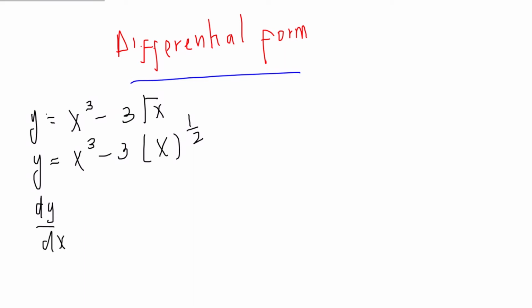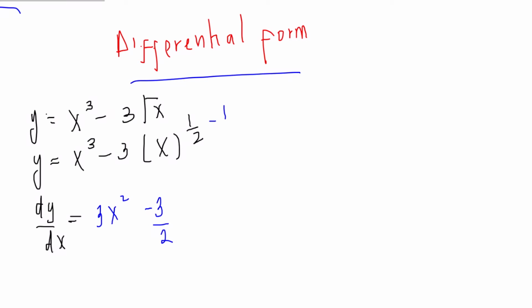dx. Okay, now to differentiate this, to differentiate x cubed is going to be 3x squared, right? And this one is going to be just, let's take the minus 3. We are going to bring this half and then we multiply it with 3, so it's going to be minus 3 over 2. And then from the power we will subtract 1, just as we studied in the power rule.